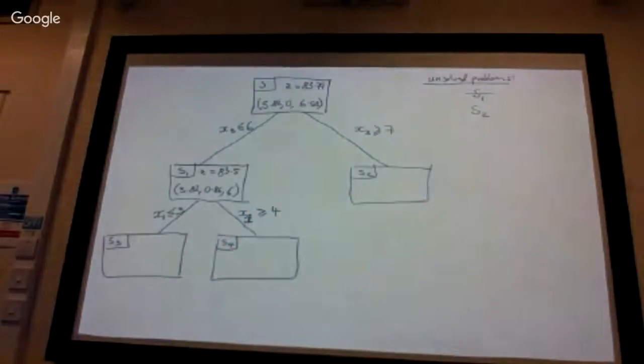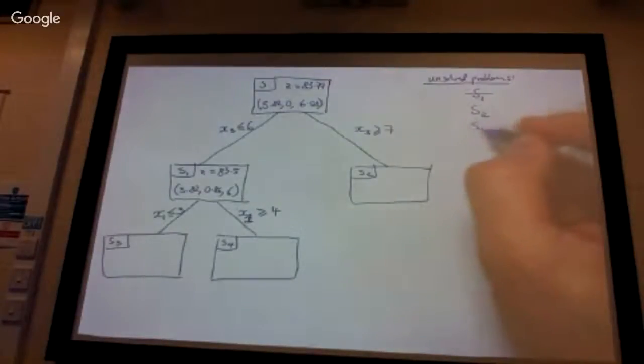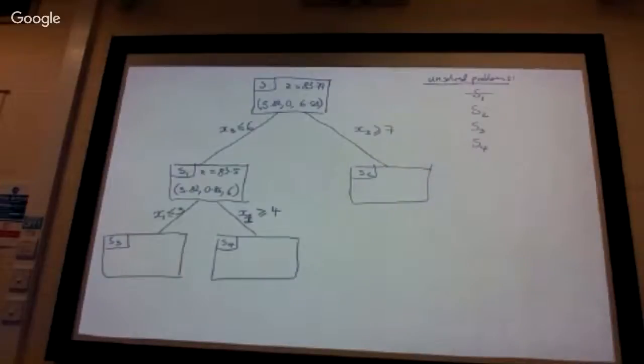Okay? And I've got S3, and S4 is still unsolved. So do I want to solve S2 now? No. Let's do S3. Okay, let's do S3 then. Fair enough.